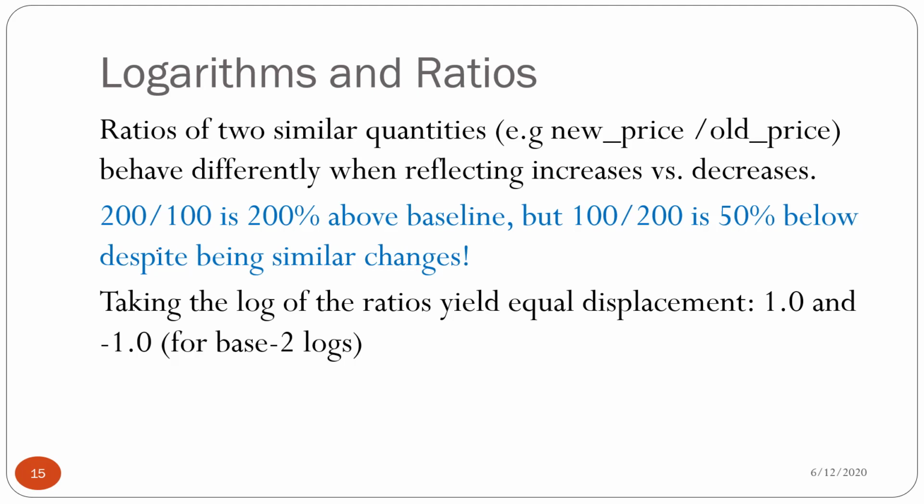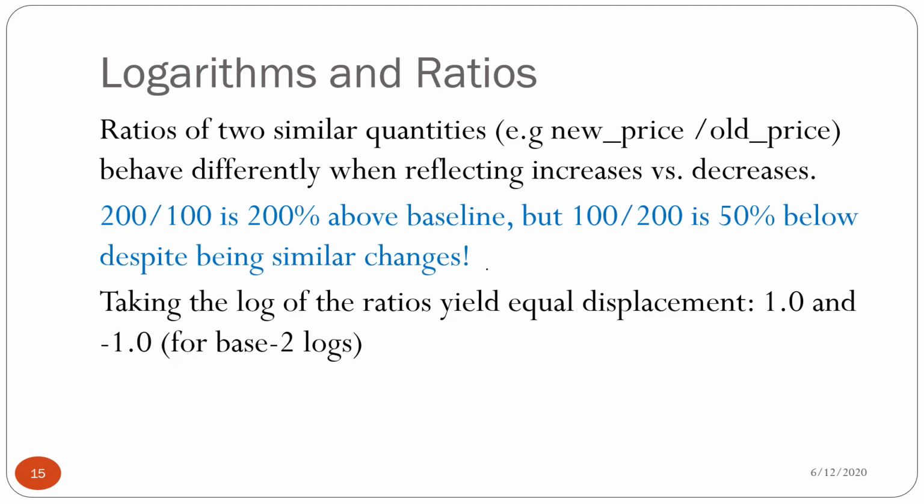Now the interesting fact is that if you have a scenario like 200 is the recent price and 100 was the previous price, then if you look at the increase in the price, this is 200% from the baseline. Okay, but if you're thinking about 100 being the new price and 200 was the previous price, then this is 50% below the baseline, right? So see the difference. If in the numerator it is 200, then that is 200%. If in the denominator it is 200, then that is 50% below, right?